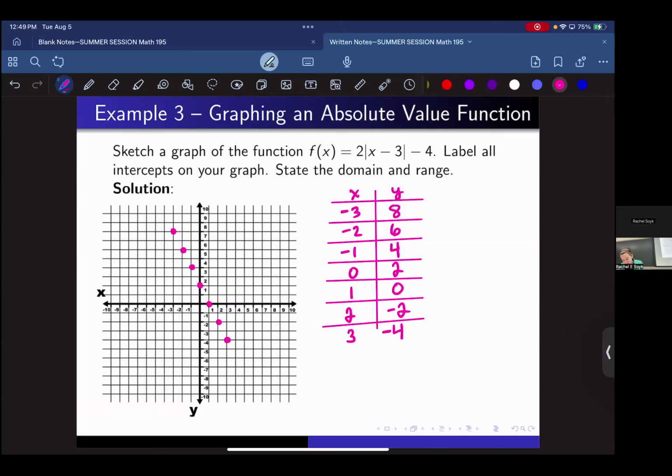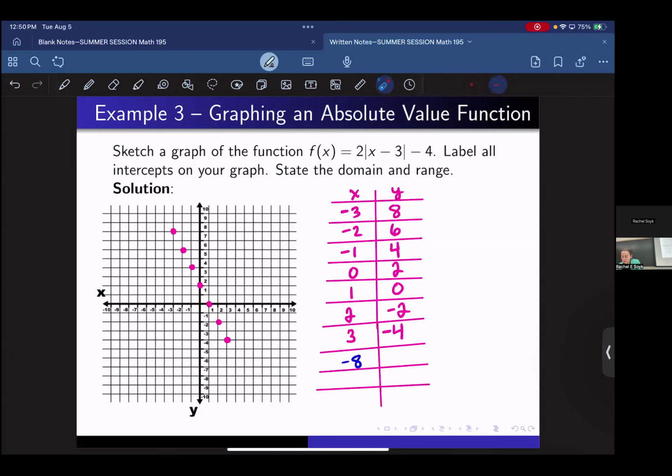Let's see. Let's put in some more values. Let's do negative 8.